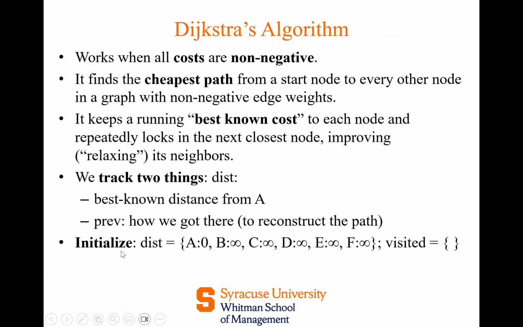When we first start this algorithm, the starting point, which is A in this case, starts with zero cost, and everything else starts with infinity, a very, very big cost. That means we want to go to A first to ensure that we have the lowest cost possible there. And you can see our visited nodes here is empty because so far we haven't visited any nodes yet.